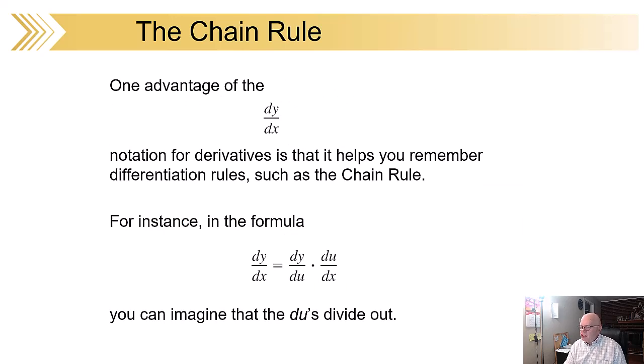One advantage of the chain rule is using this notation, because the chain rule works like this, where dy du is the outside function, or y is the outside function, u is the inside function.